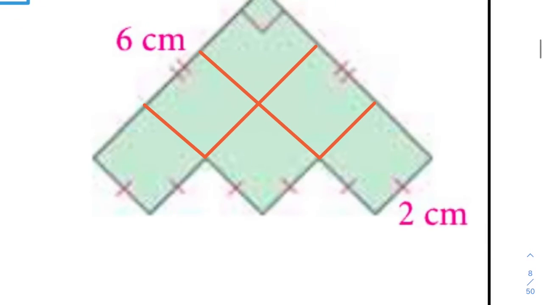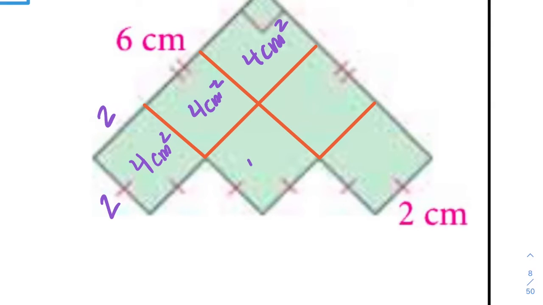So let's break it up this way, because it looks like all these pieces are 2. Okay, so it looks like it's going to be a 2 by 2, which is 4 centimeters squared. So 4 centimeters squared, and this happens a few times.